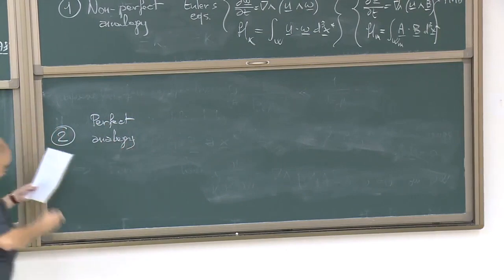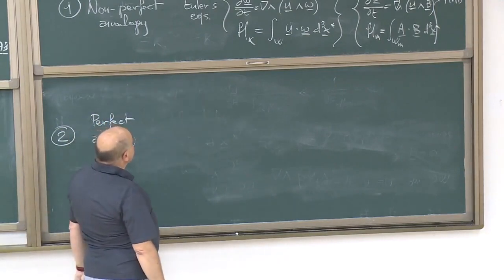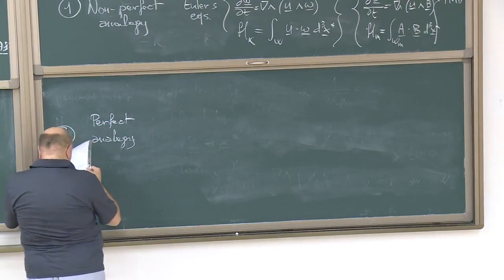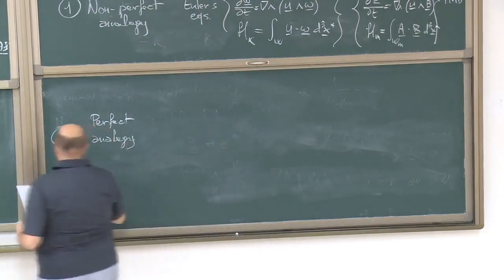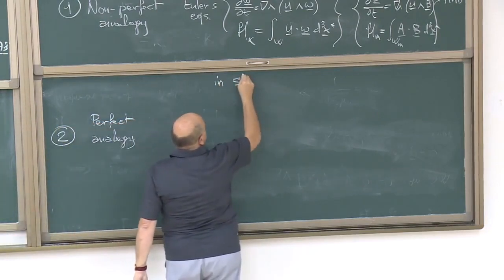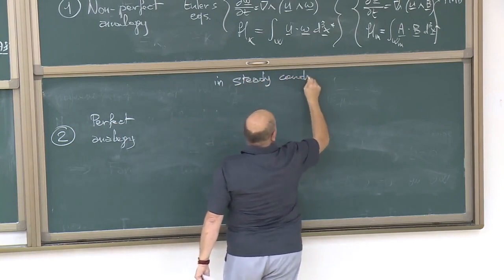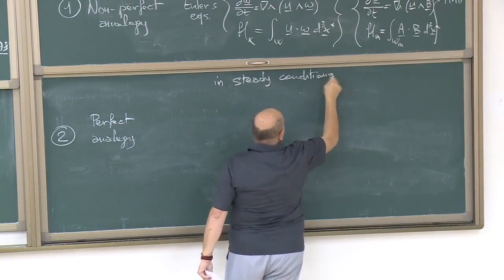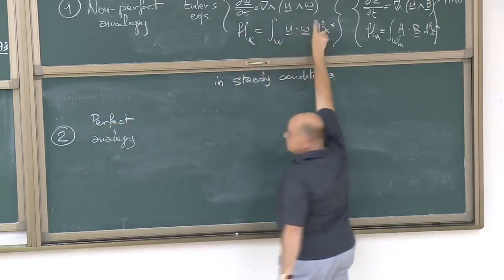So steady conditions for Euler's equation mean that we can rewrite them over there. In steady conditions, this quantity is 0, right?